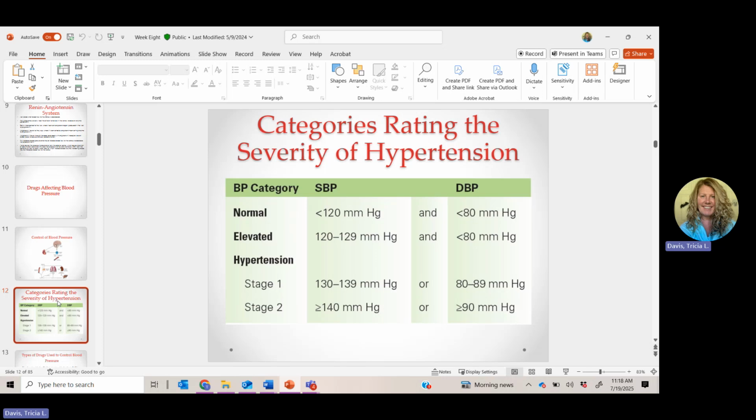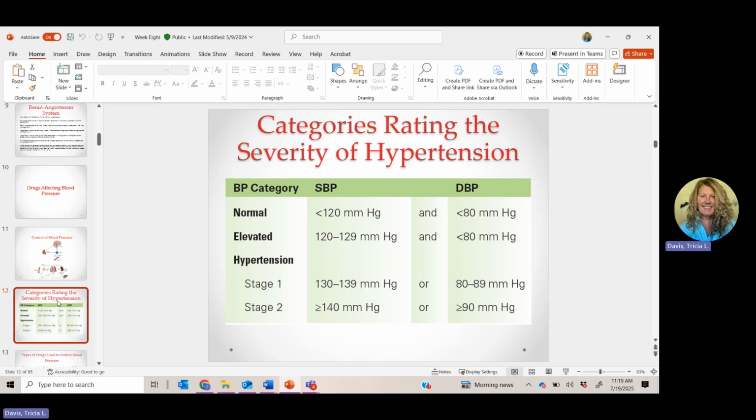So what do we consider normal? Normal is a systolic blood pressure less than 120 and a diastolic blood pressure less than 80, okay? Elevated is going to be a systolic blood pressure between 120 to 129 and a diastolic blood pressure less than 80.